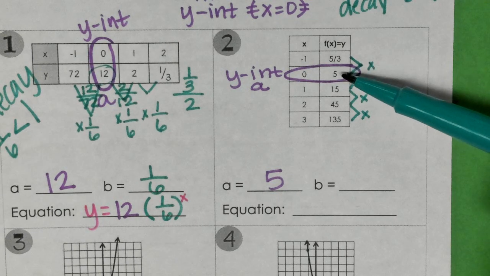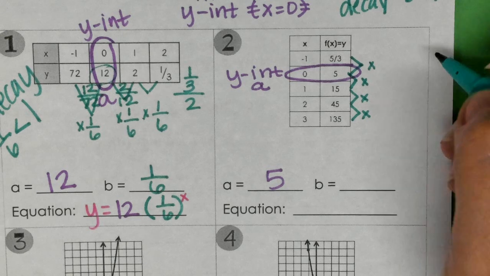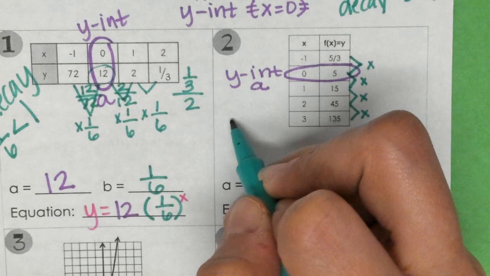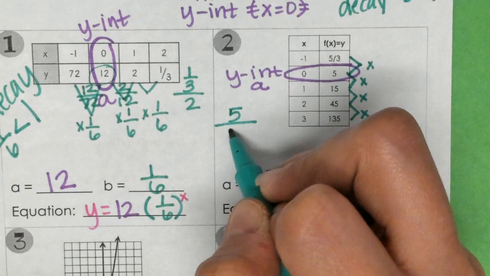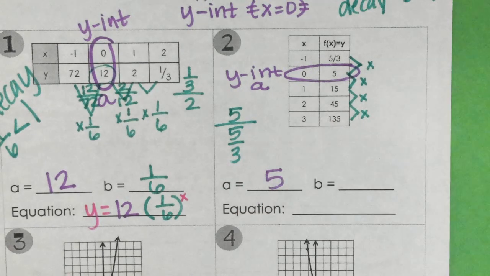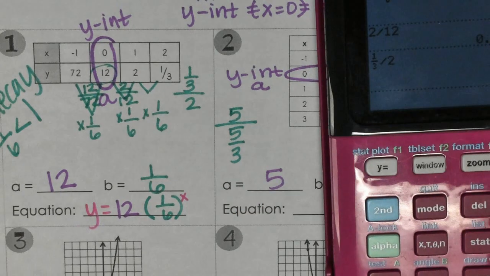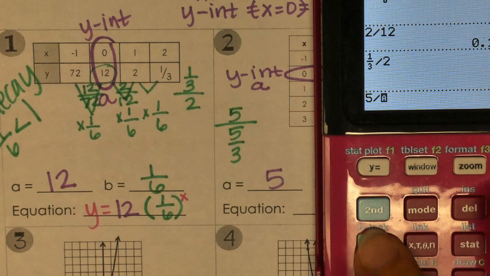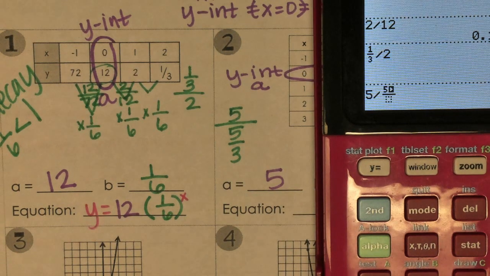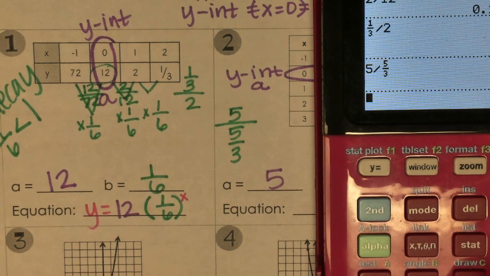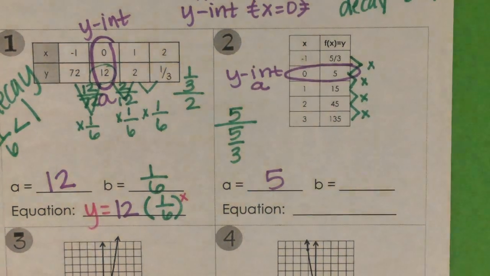Take your second number and divide by the first number. I'm going to do it over here to the side. 5 divided by 5/3 should give me 3.